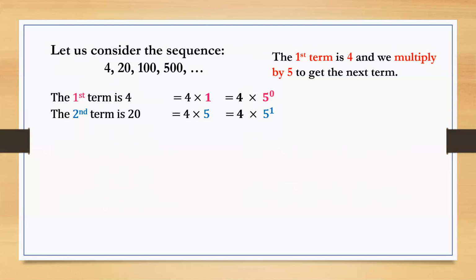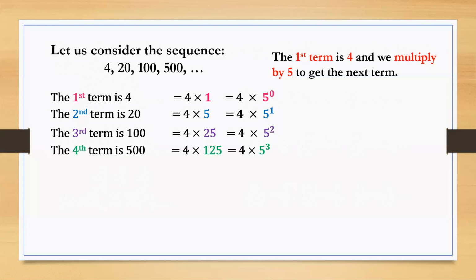The second term is 20, which is 4 times 5, or 4 times 5 to the power of 1. The third term is 100, which is 4 times 5 to the power of 2. The fourth term is 500, which is also written as 4 times 5 to the power of 3.